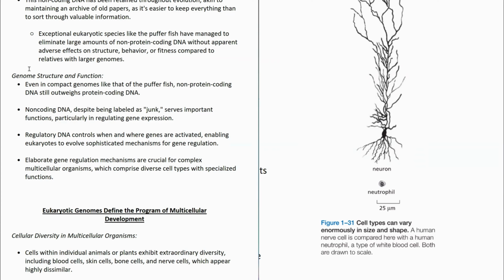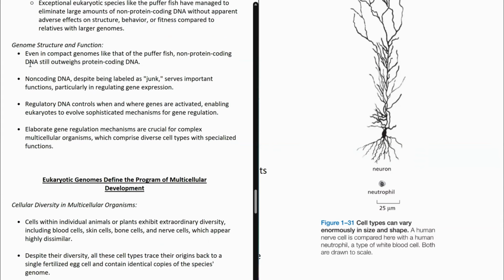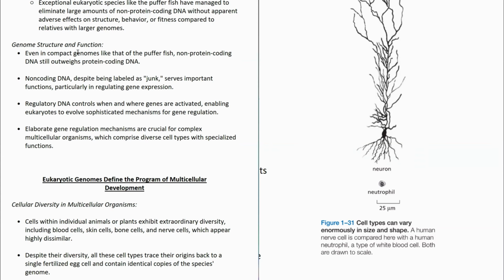So it's quite interesting how some organisms are able to do that while others didn't. In terms of genome structure and function, whether you have a lot of junk DNA or nicely compacted, information-rich coding DNA like the pufferfish, non-protein coding DNA would always be a lot more than protein coding DNA.